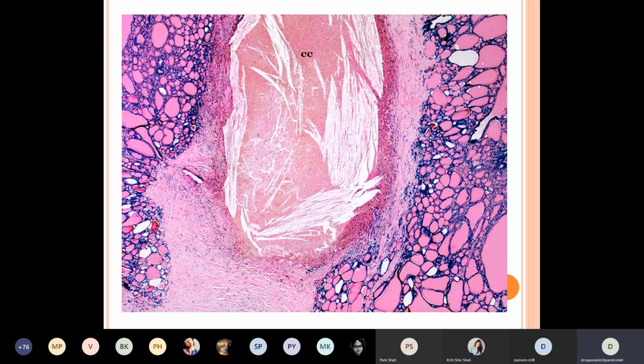These are empty spaces. You see, there is no stain in between. They are rod shaped. These are the cholesterol crystals. So that is a degenerative change. After a long time, the multinodular goiter or any goiter will show degenerative changes. What are they? Sometimes hemosiderophages, cholesterol crystals, cystic degeneration. So this is cholesterol crystals.